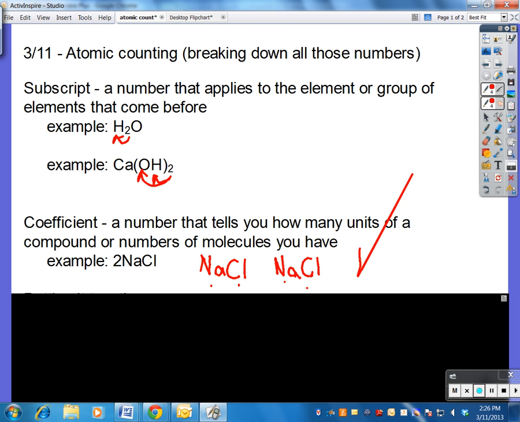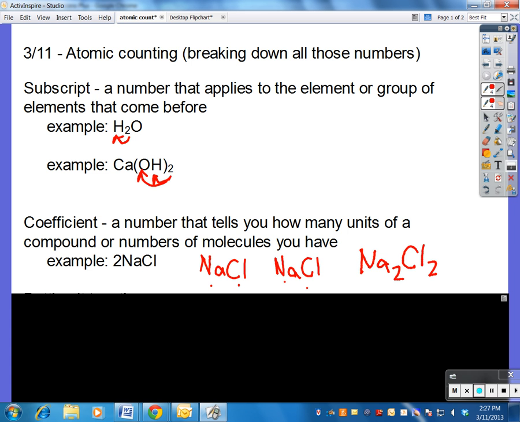This is not Na2Cl2. That would mean you have one compound that consists of 2 sodiums and 2 chlorines. That's different than having 2 sodium chlorides. As far as how many atoms you have, there's no difference, but as far as what you have, there is a difference.